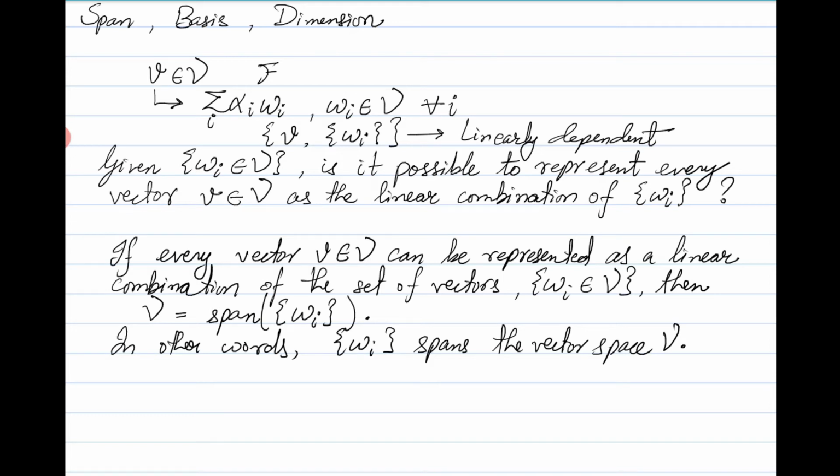Basically, you cover the entire vector space just by using these vectors with appropriate scalings and addition operations. That is what spanning means. The set of Wi's can be used to represent the entire vector space. That is why we say that the vector space V is equal to the span of W. This is how it is denoted.